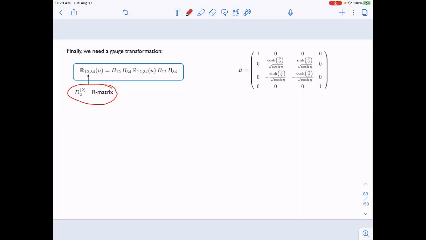Mm-hmm. And in the end, this D2^(2), I think you showed us, has U_q(B1) symmetry. Am I correct? Yes, which is the same as A1. Yes. So what happened to the other symmetry? Offhand, I don't know. I should think.